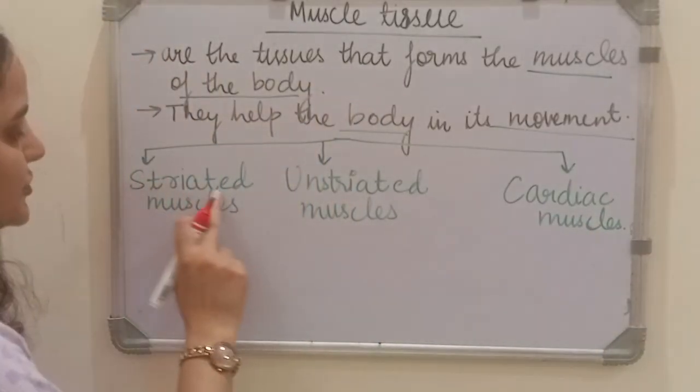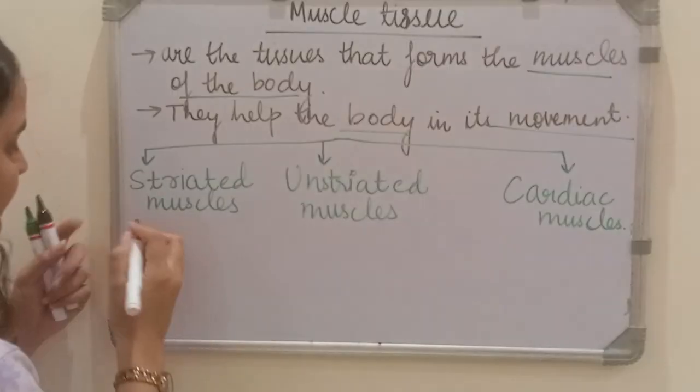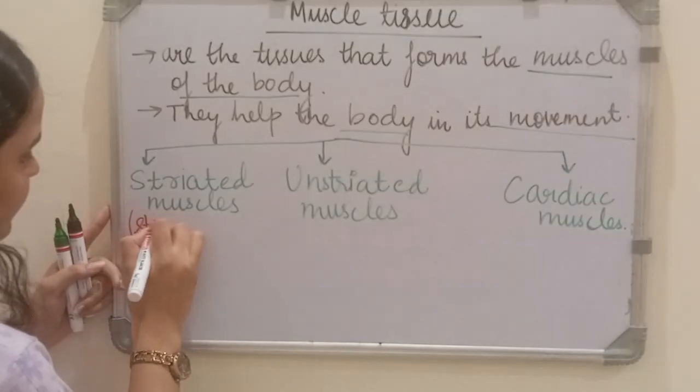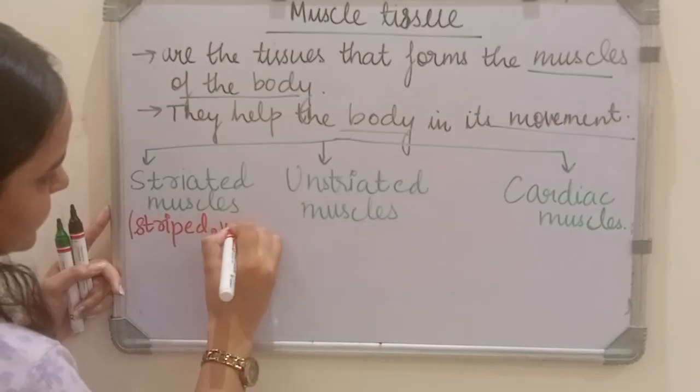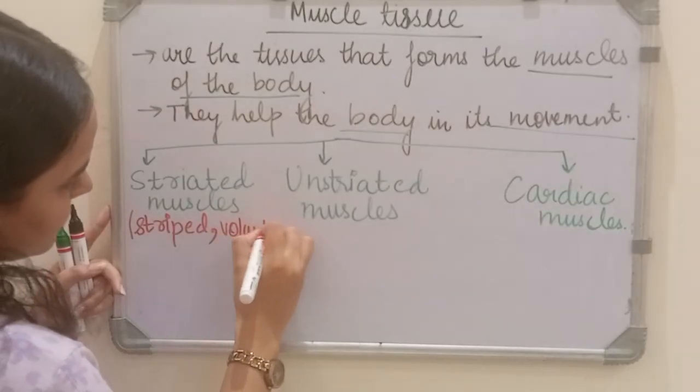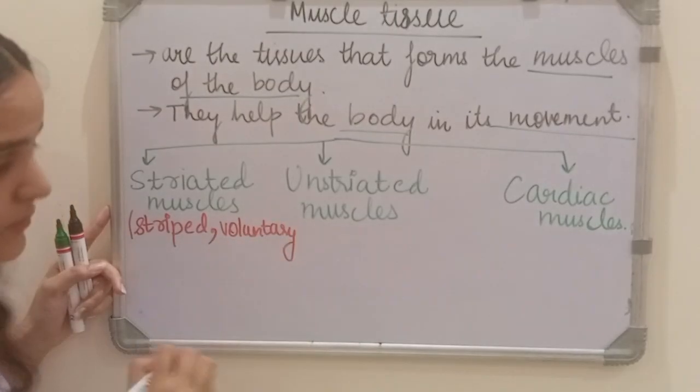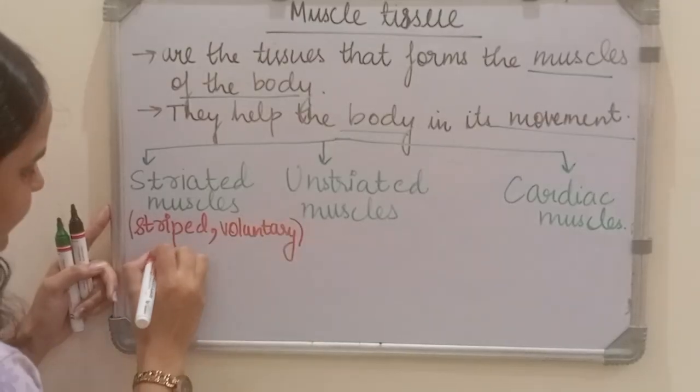So striated muscles are also known as striped muscles, voluntary muscles, and skeletal muscles.